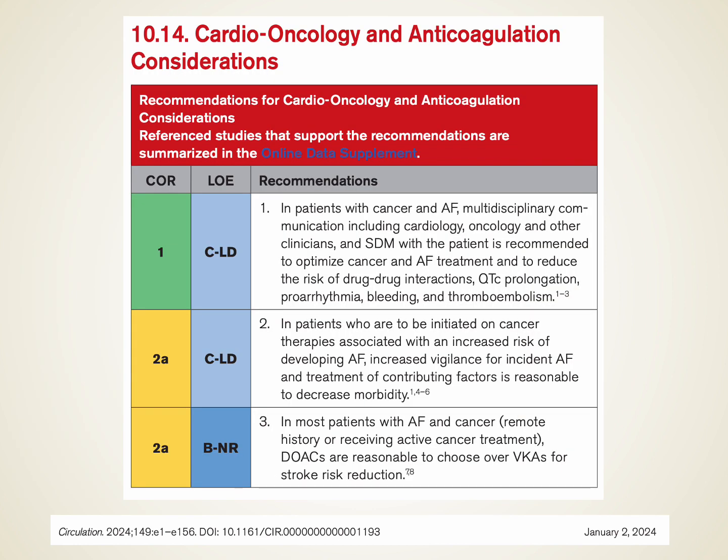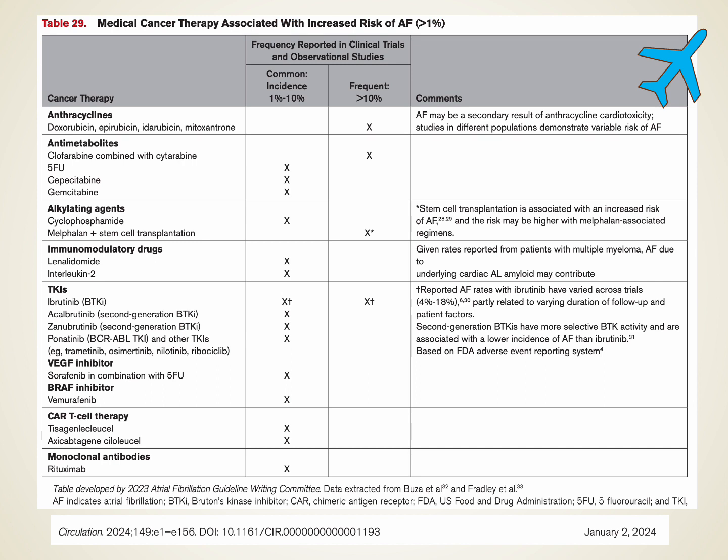There are also issues for patients who are undergoing chemotherapy and or have a concurrent cancer. Keep in mind these patients are often in a hypercoagulable state, so that becomes a concern. And so anticoagulation is often even more sort of important to consider. The guidelines address that. There are also a number of cancer chemotherapeutic agents which may predispose to increased risk for AFib.